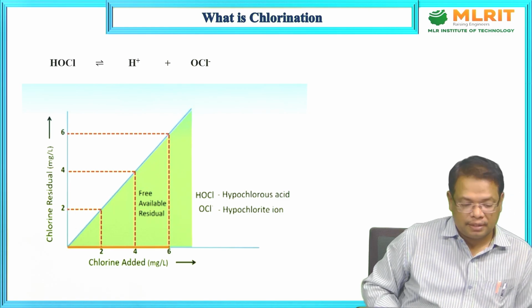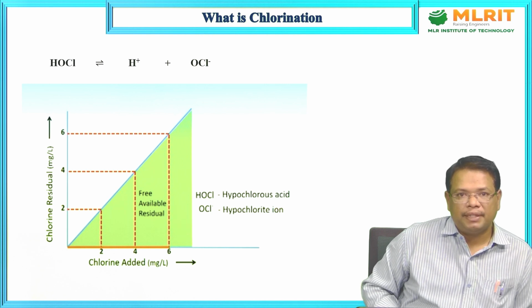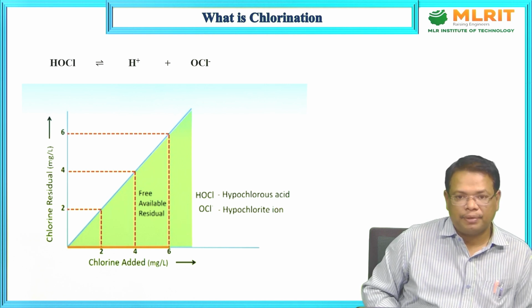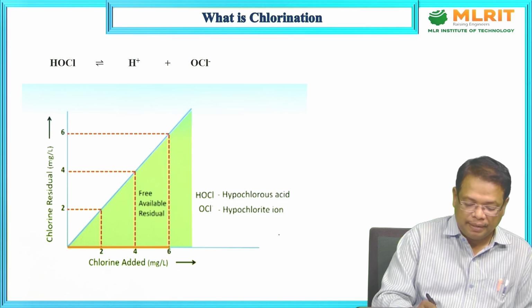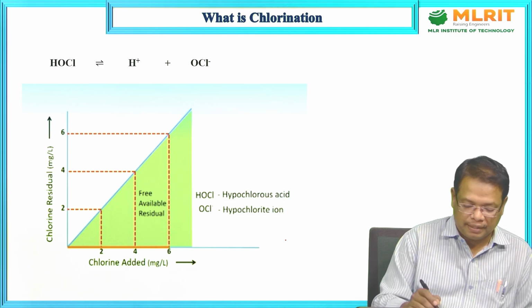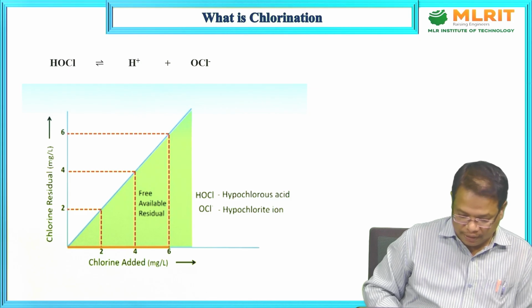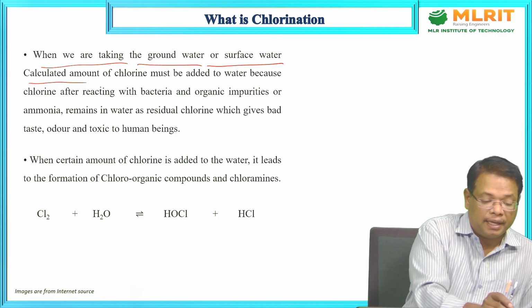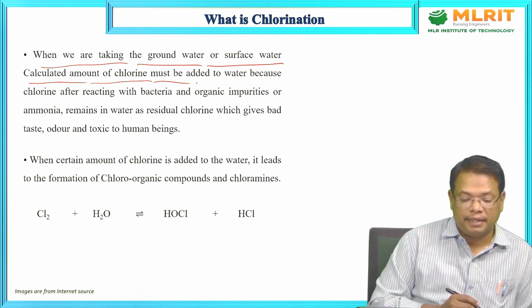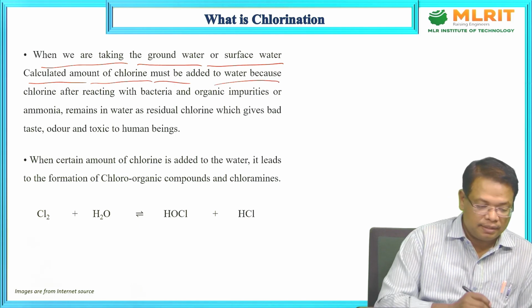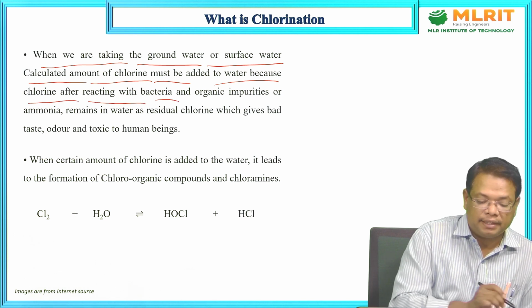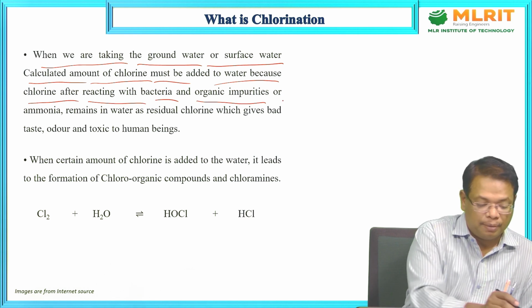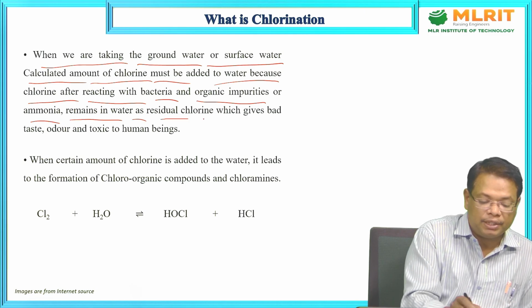But if you go to groundwater, there might be many inorganic and organic compounds and organic matter. We have to kill the living organisms and purify that water. So when taking groundwater or surface water, a calculated amount of chlorine must be added, because chlorine, after reacting with bacteria, organic impurities, or ammonia, remains in water as residual chlorine.